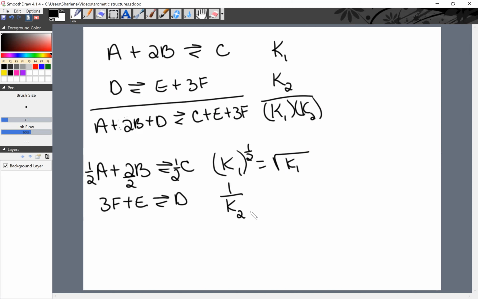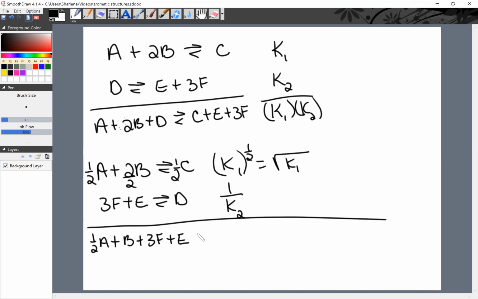And now when I add them together, I would get 1/2 A plus B plus 3F plus E in equilibrium with 1/2 C and D. And my new K value would be the square root of K1 over K2.